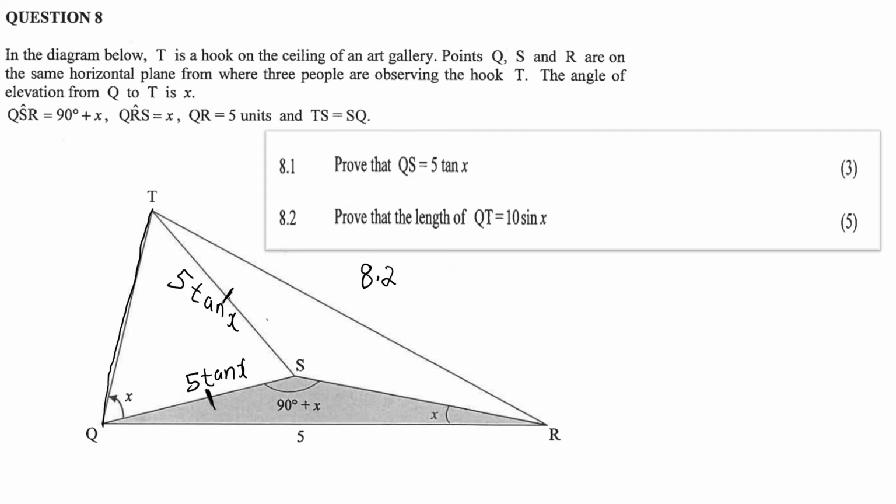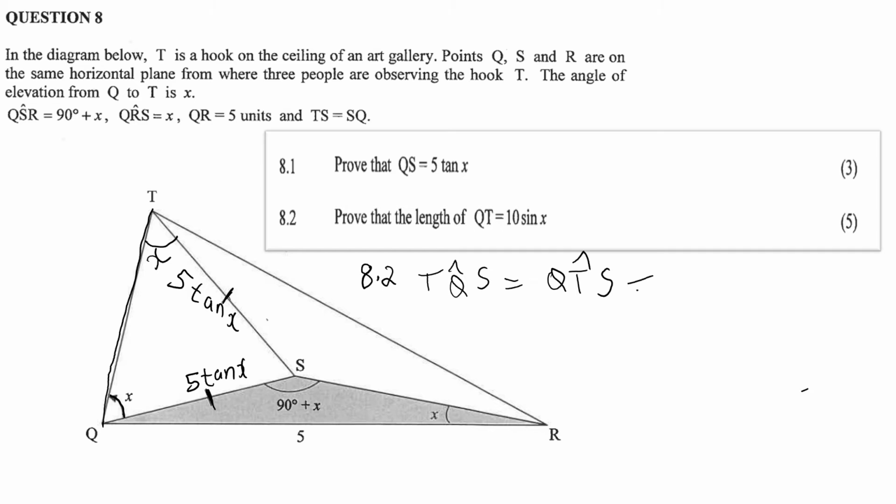So our first step can be to tell them that angle TQS is equal to angle QTS. This angle here is equal to that angle because it's an isosceles triangle.